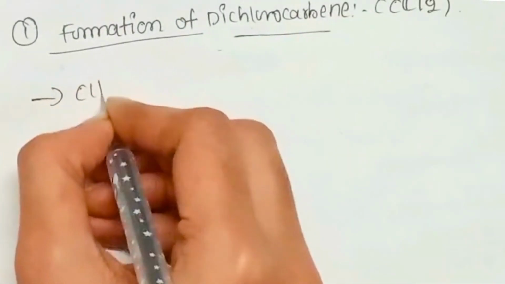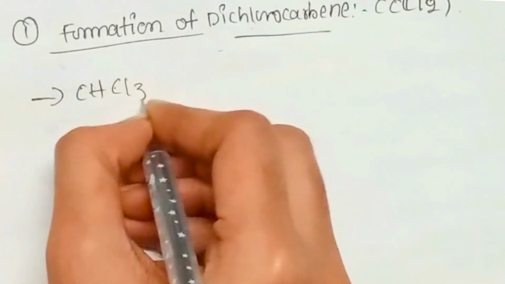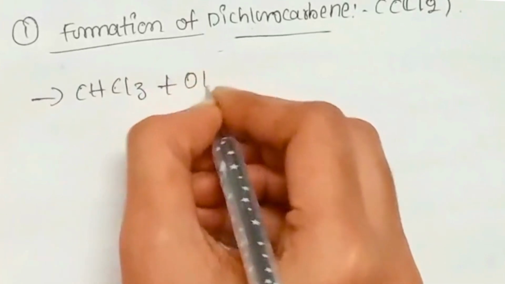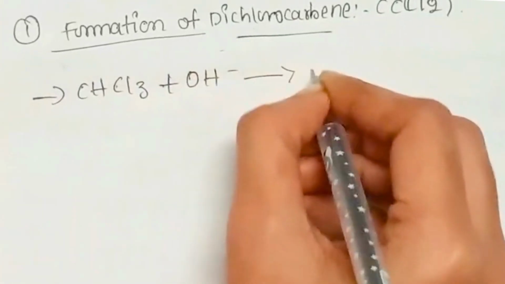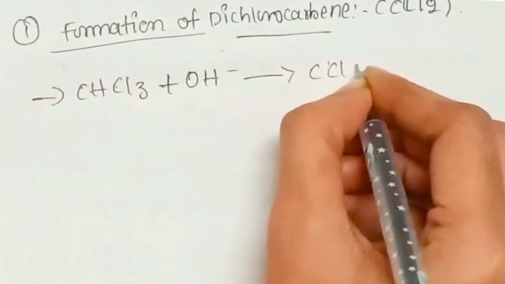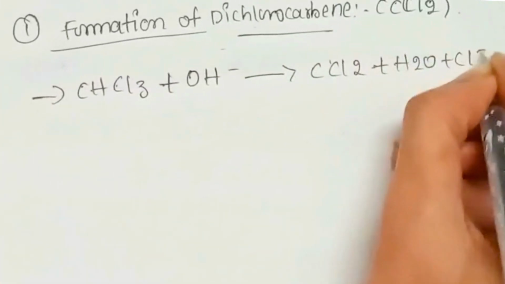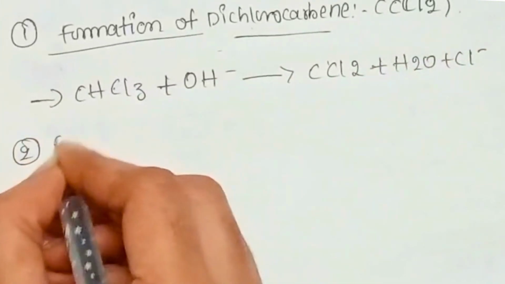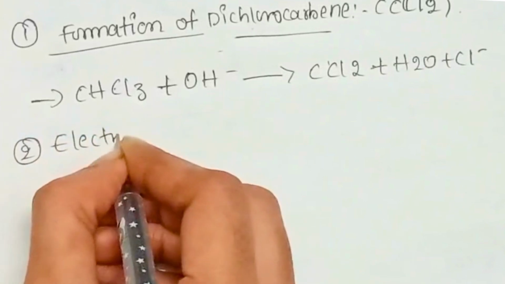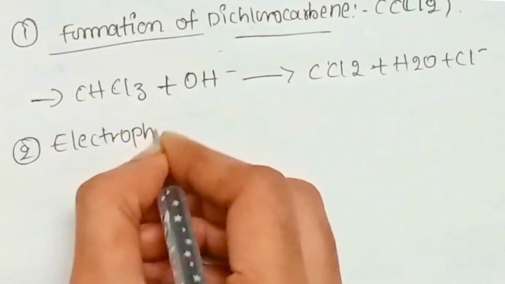What happens here? When this chloroform reacts with hydroxide ion, the dichlorocarbene formation takes place. And what is the second step? There will be electrophilic attack.